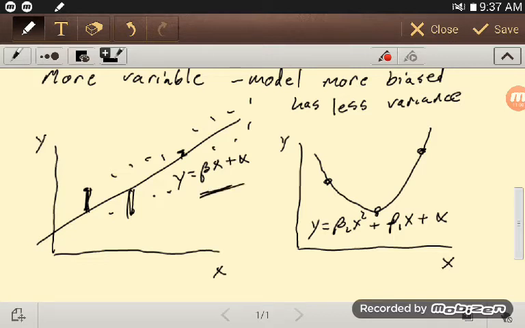It assumes a bit less about the data, and therefore when we start filling in with more data, it's probably going to do better.